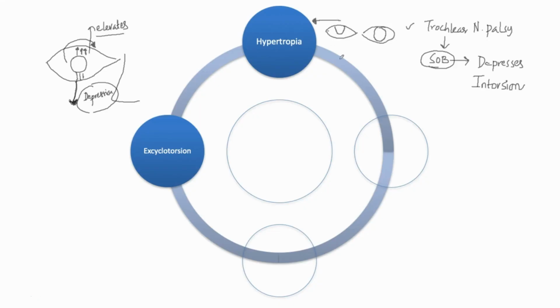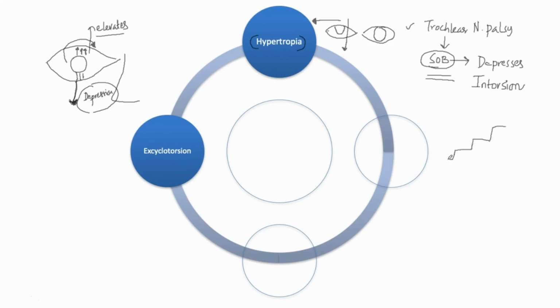So what do you see in a case of trochlear nerve palsy? Because of SOB paralysis, the eye in resting condition will have an anomaly called hypertropia. Because of this, whenever the patient tries to look down, let's take an example, he's trying to walk down the stairs, right?